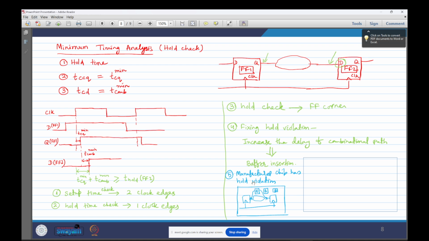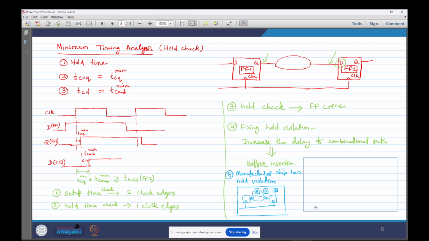This slide basically. The question is that how can I change the connection after the chip is fabricated? So I told one technique actually.